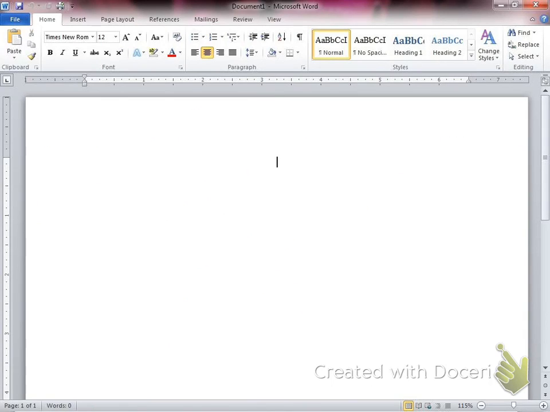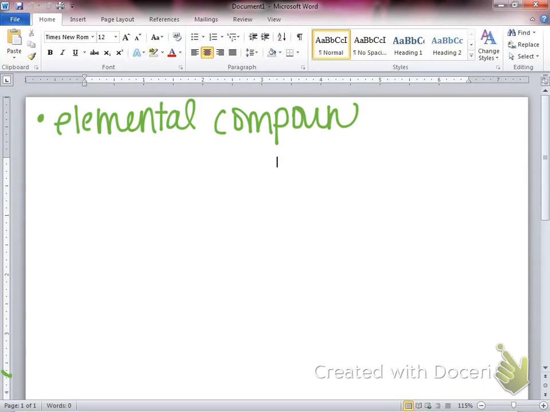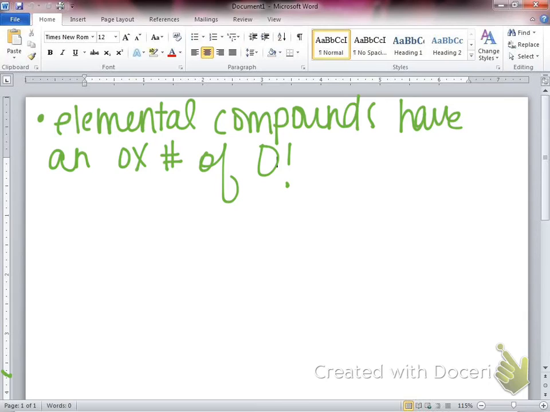Here are our rules for oxidation numbers. First rule: elemental compounds always have an oxidation number of 0. What we mean by elemental compounds is when we have a single element, or an element bonded with itself, things like that.